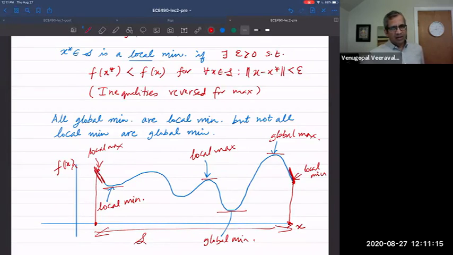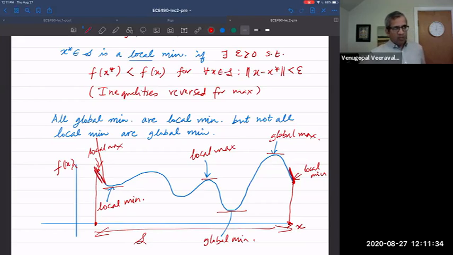You could have extreme points at which the derivative is not 0, but they can correspond to a local min or local max, or even global minima. For example, if this function were to go up there like that, that could be a global maximum that happens at the endpoint.